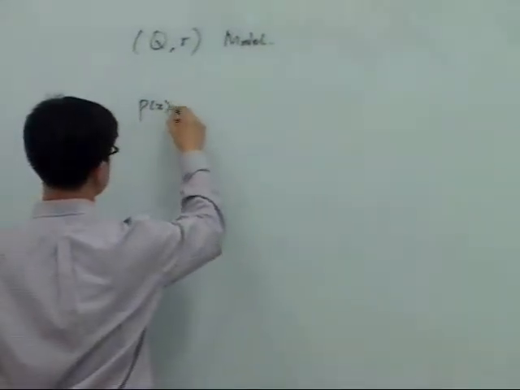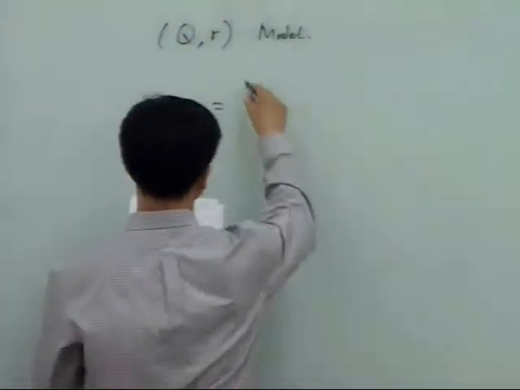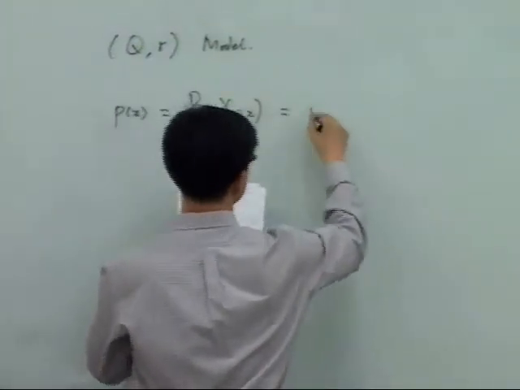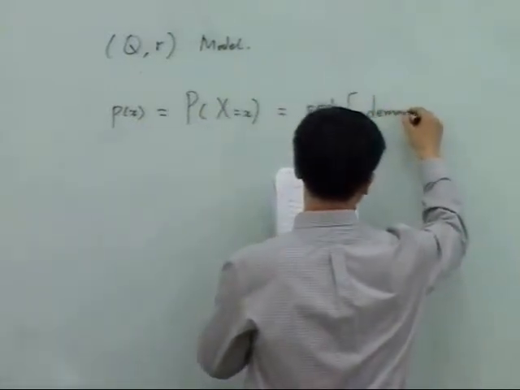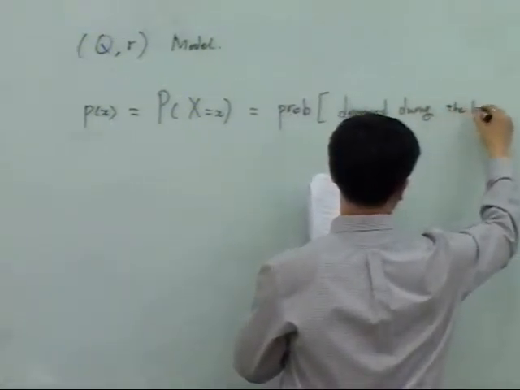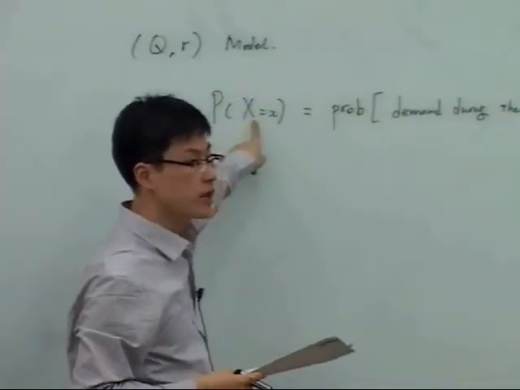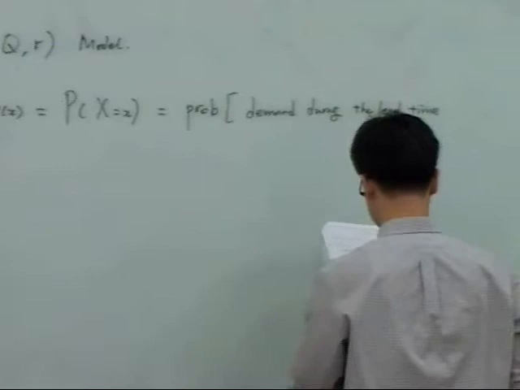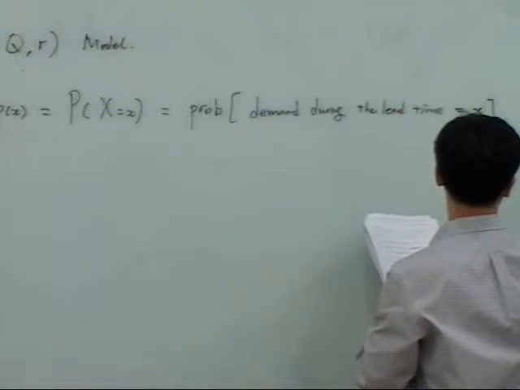And small p(x) is the probability density function. It's the probability that the demand during the lead time, large X, the demand during the replenishment lead time, is equal to x. It's a PDF.